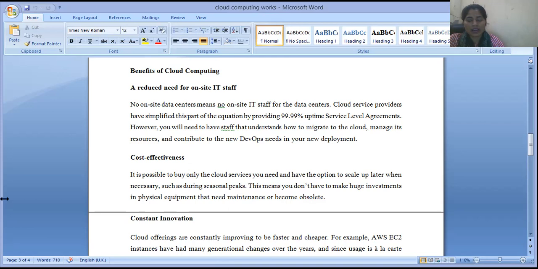And now, the second point is that it is cost effective. What is the meaning of cost effective? When a person is purchasing something and sees that it is cost effective, the thing does not cost much, so you can easily buy it, isn't it?